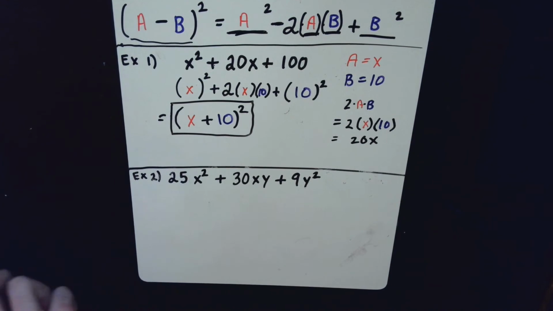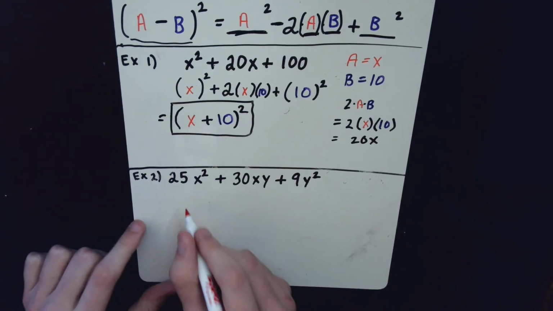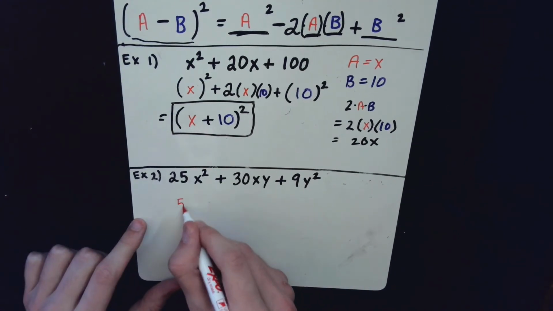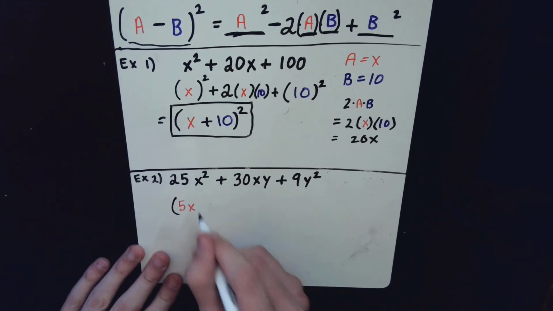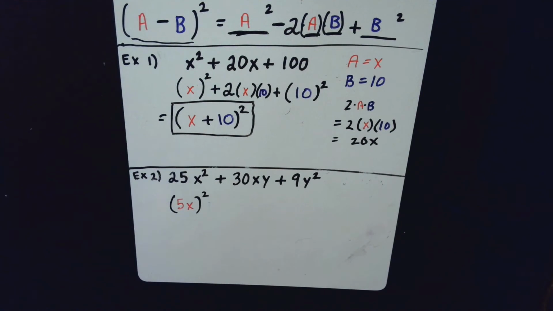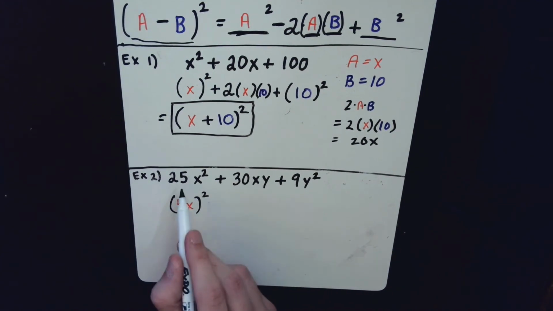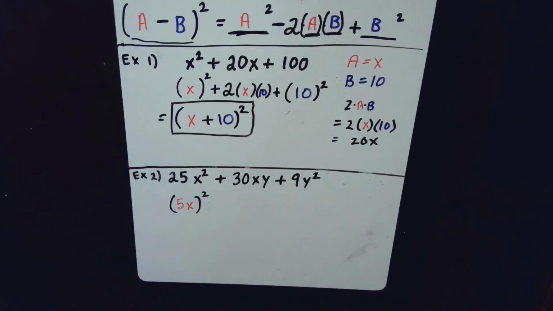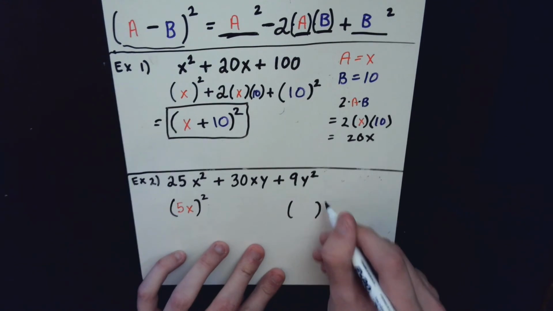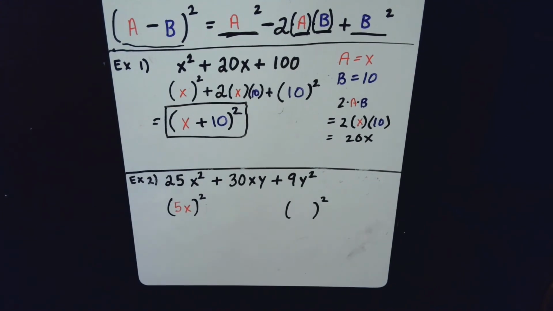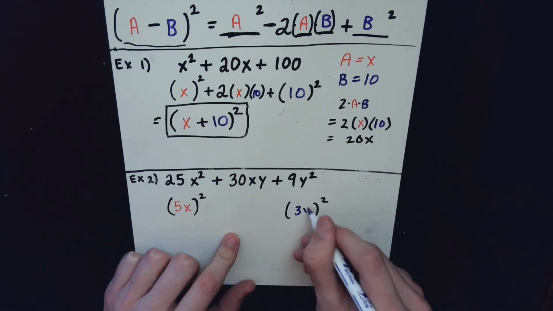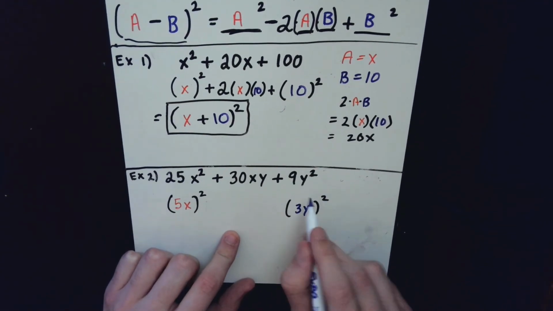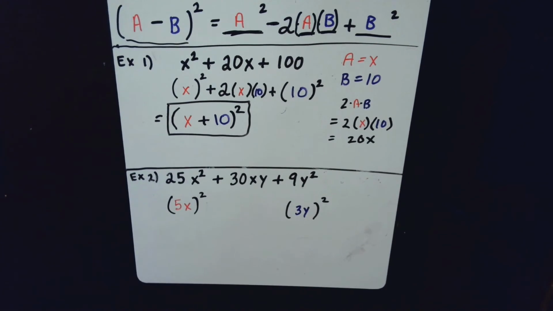We'll start off in a similar fashion. I'll just say that this is the same thing as 5x squared. If you square 5x, you do get 25x squared. And similarly, 9y squared is the same thing as 3y quantity squared. So that's the first step.